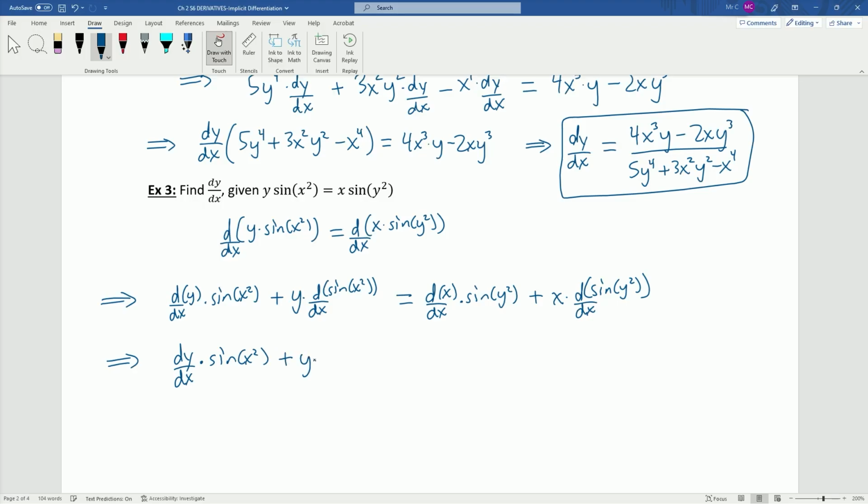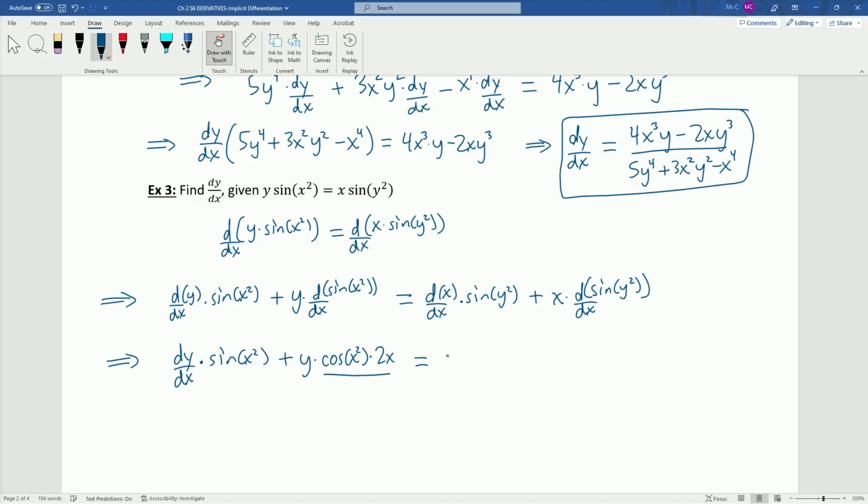Plus y times. Now here I've got to apply a chain rule. We think of sine of u, so the derivative is cosine of u, but I'm going to skip straight to writing cosine of x squared times the derivative of u, which is 2x in this case. So I'm skipping that little chain rule derivative here.